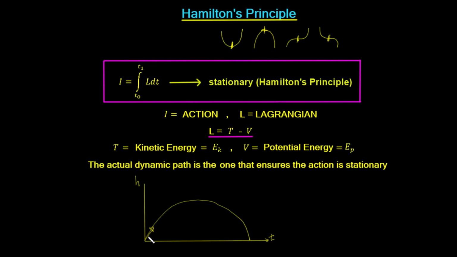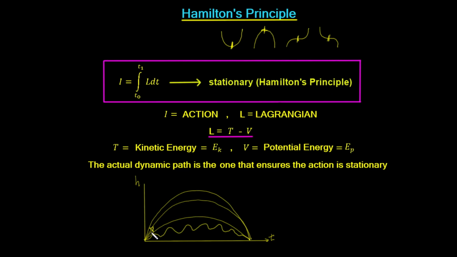Now we could ask the simple question, why is it that the cannonball travels in this particular trajectory? Why doesn't it fly off like this? Or like this? Or why doesn't it follow some complicated path, like, say, for example, this? Well, the answer to this question lies in Hamilton's principle.